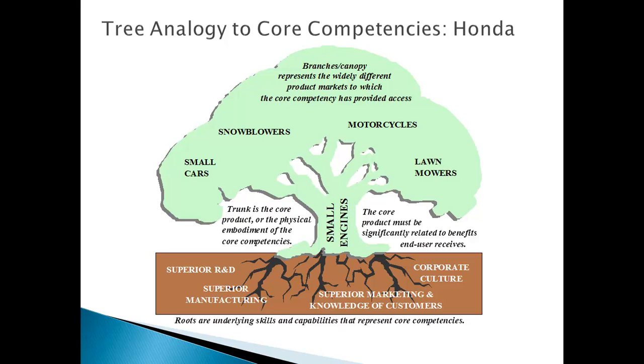And what you see here is that whatever is that shared component that gives rise to the canopy has to drive the way the end user receives benefits from using the product. So again, what you see here is that the thing that makes Honda so successful in so many markets is that it has this excellent capability in developing small engines.